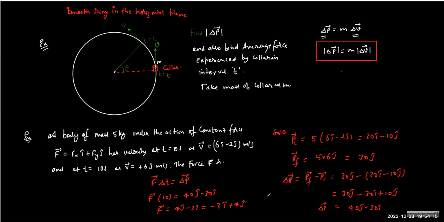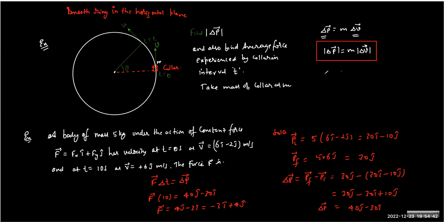So now, this was given. We got the delta p, and then you simply divide by the time. All right, fine. But what about the first question?